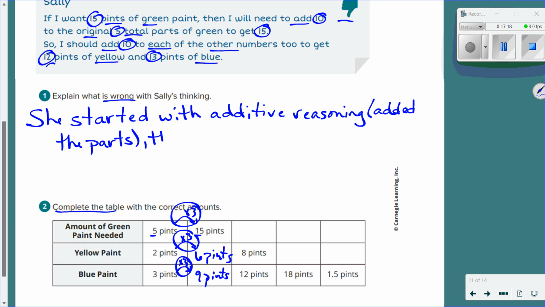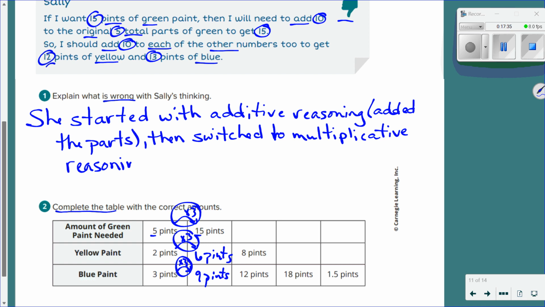Then switched to multiplicative reasoning, in which she used the same numbers. You can't switch between the reasonings, guys.